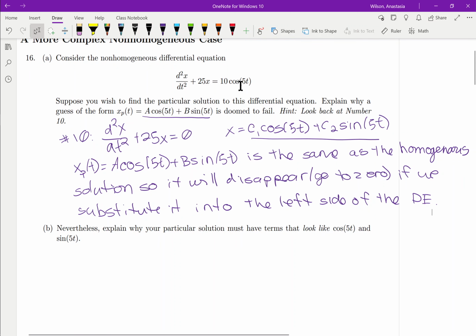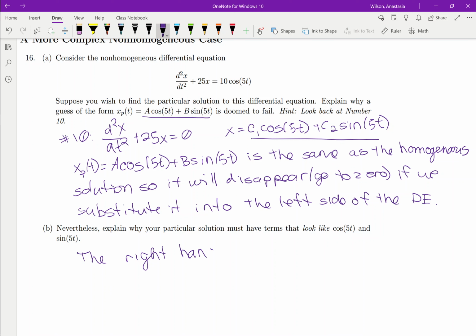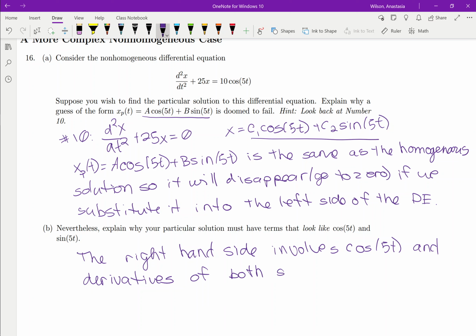Well, the reason for that is because the right-hand side involves cosine of 5t, and derivatives of both sine and cosine give cosine functions.